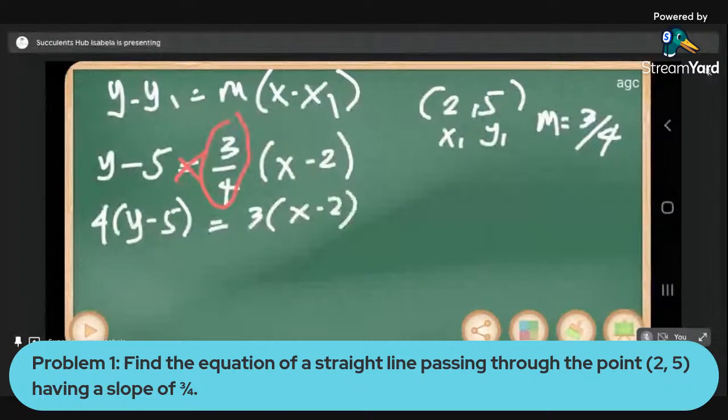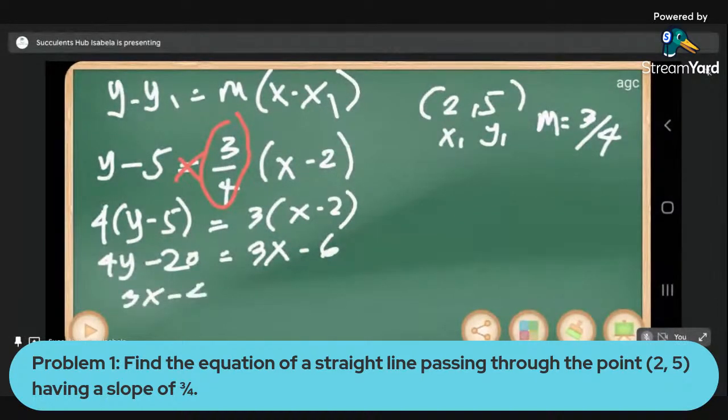Okay, so distributing 4, you will have 4y, multiplying 4 by the term or the expression inside the parentheses, so you have 4y minus 20. You do the same with 3, so you have 3x minus 6. Okay, so putting all the terms on the left side para positive yung x natin, so you will have 3x minus 4y.